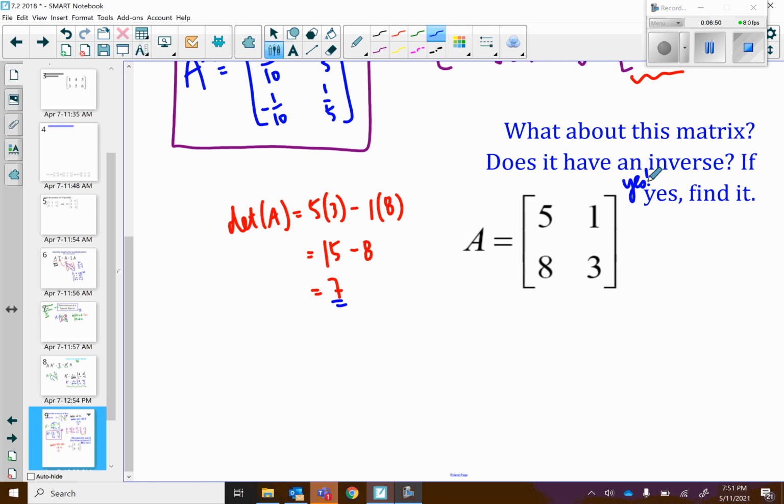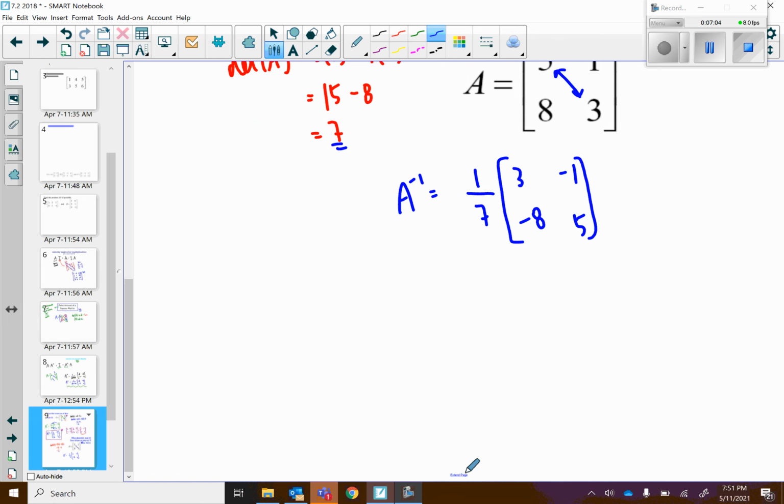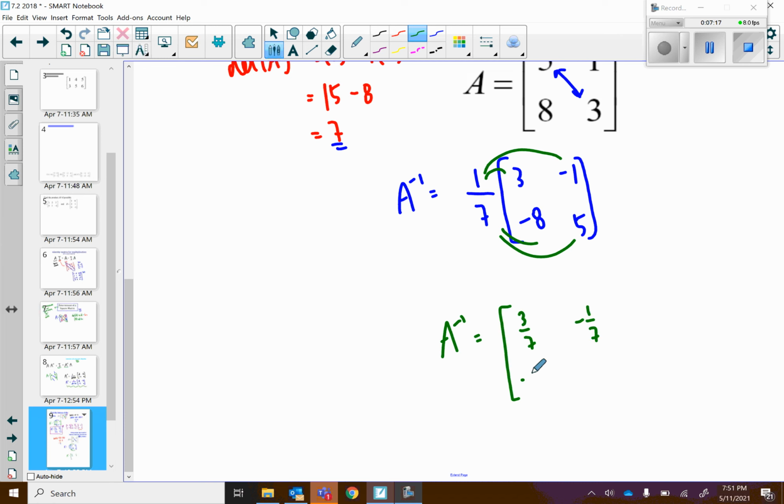A inverse is equal to 1 over that determinant, 1/7, times, we switch these pieces, 3 and 5, and make the other two negative. Then to finish, we just distribute. So A inverse is equal to 3/7, -1/7, -8/7, and 5/7.